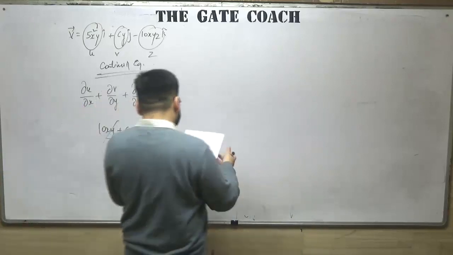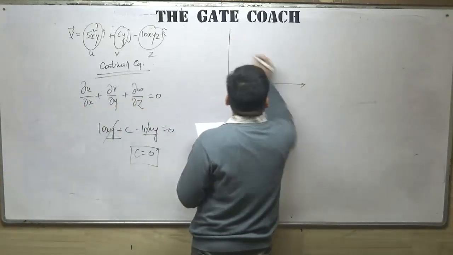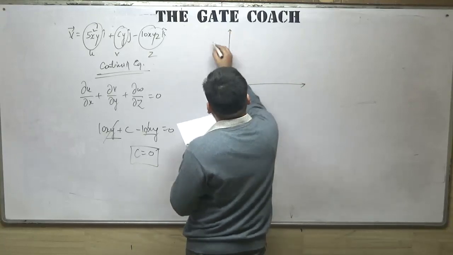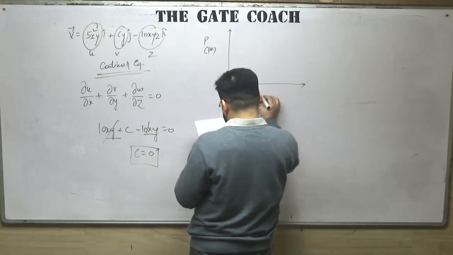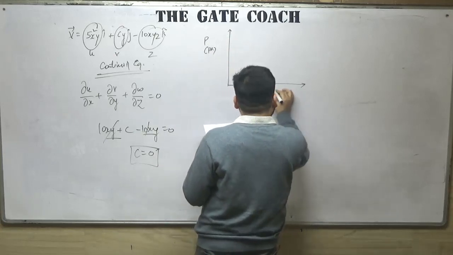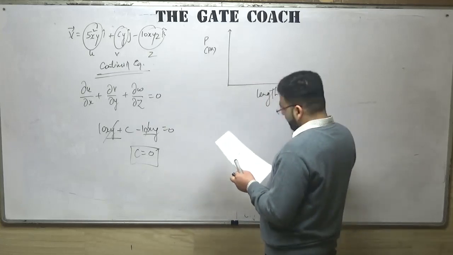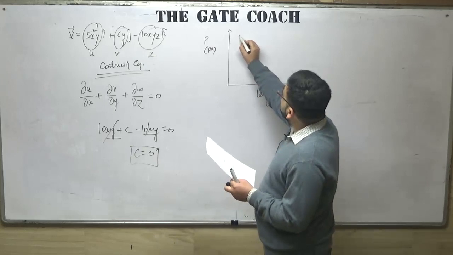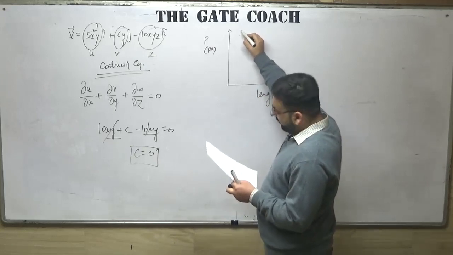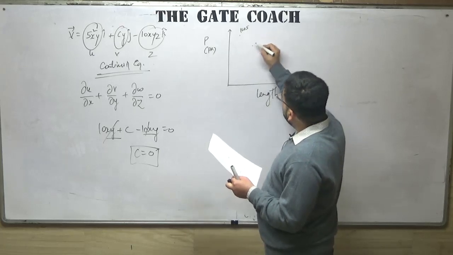One more question that we have received is that some graph was mentioned in the question, and on the y-axis it was the pressure in pascals, and on the x-axis it was the length in meters, I guess. Some values were mentioned. So here the value of pressure was 1205. Here it was 1152.